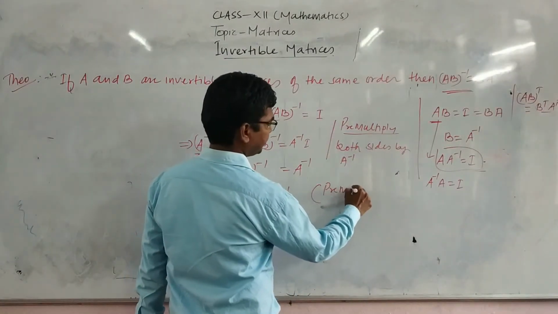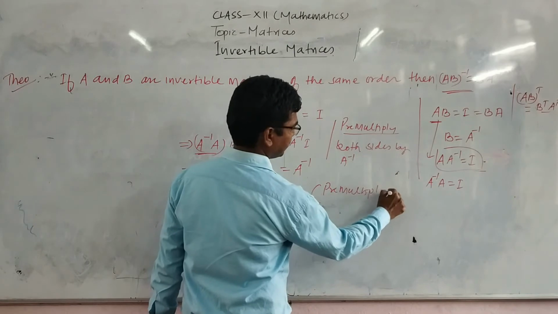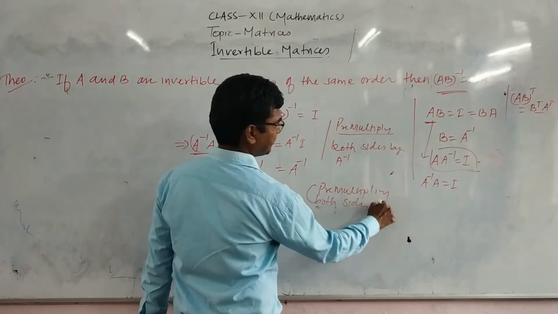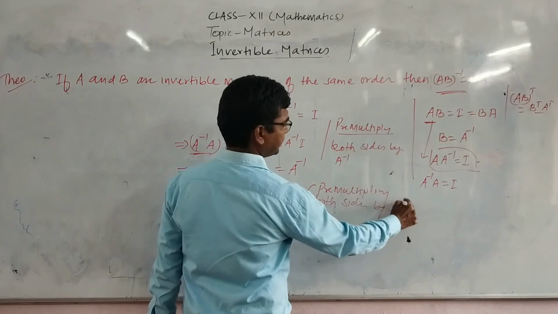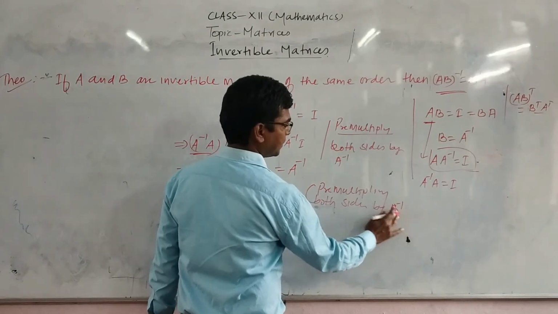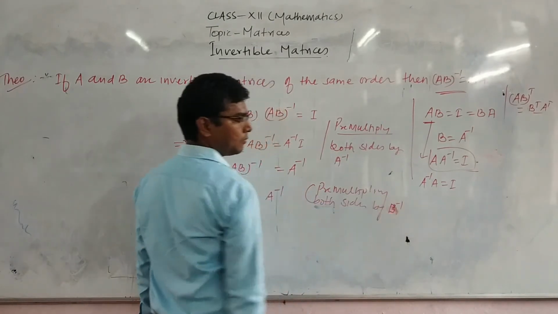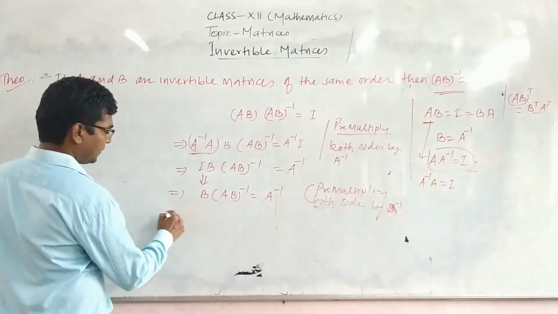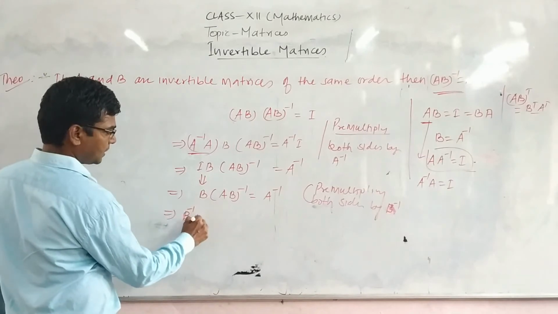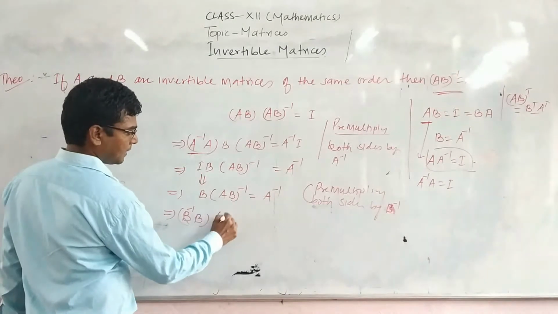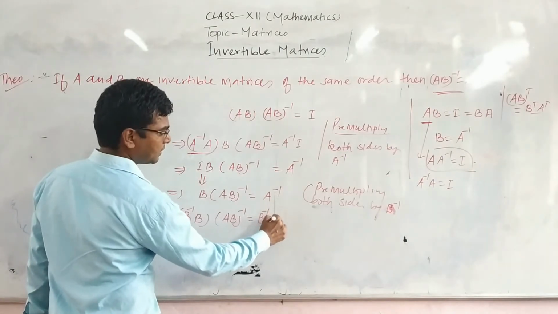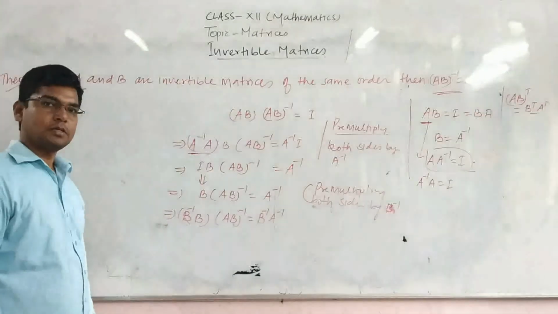Now again, pre-multiplying both sides by B inverse. So it will be again B inverse B, AB inverse is equal to B inverse A inverse, right?